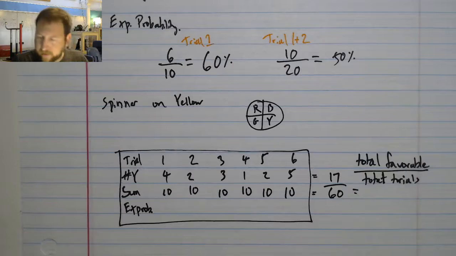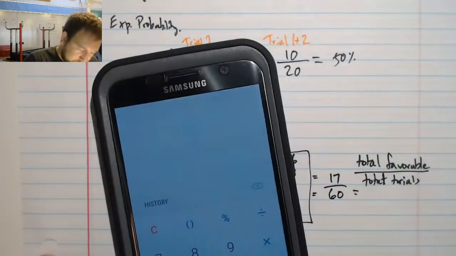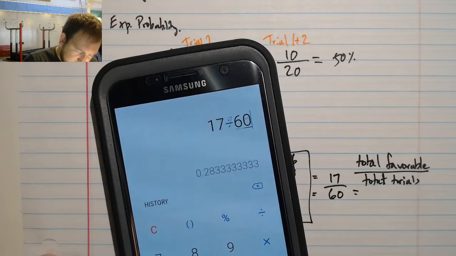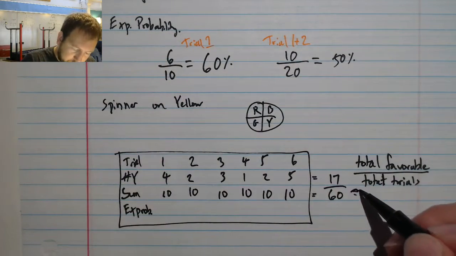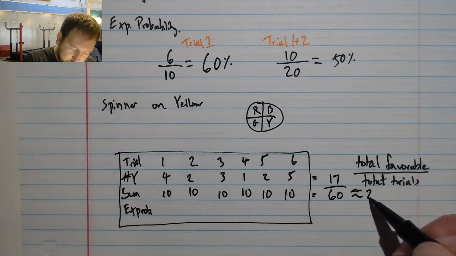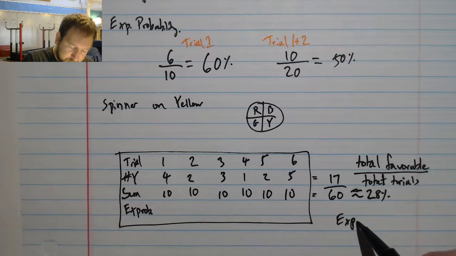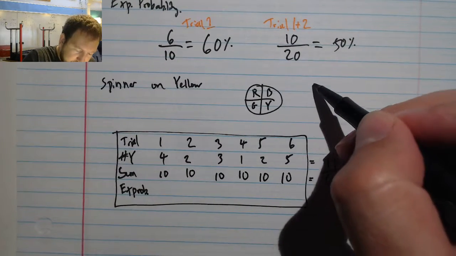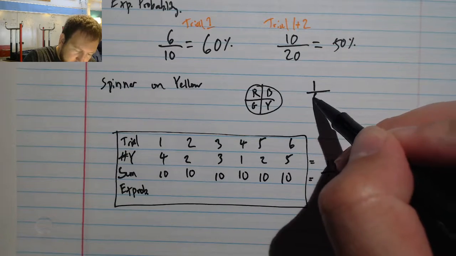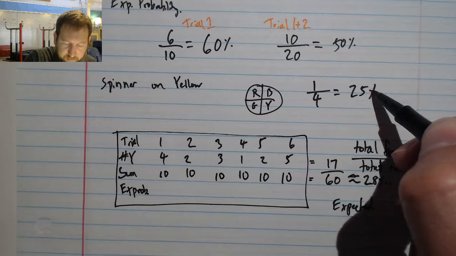And I can see my percentage. 17 over 60 is about 28%. And my expected probability should be, well, yellow is 1, and I have 4 total. So my expected probability should be 1/4, or 25%.